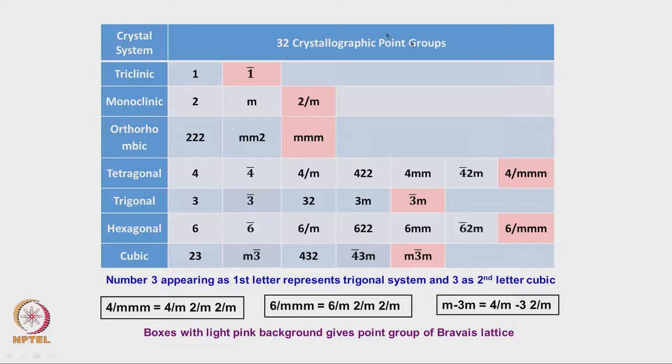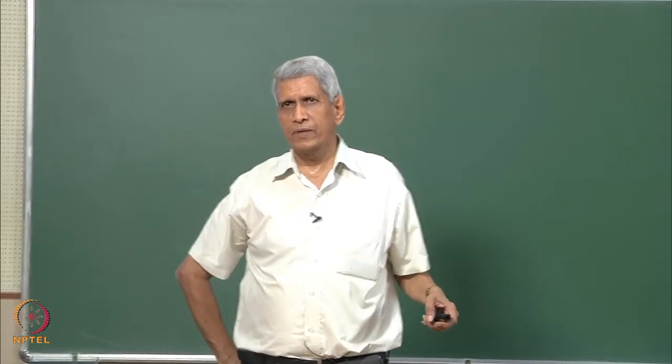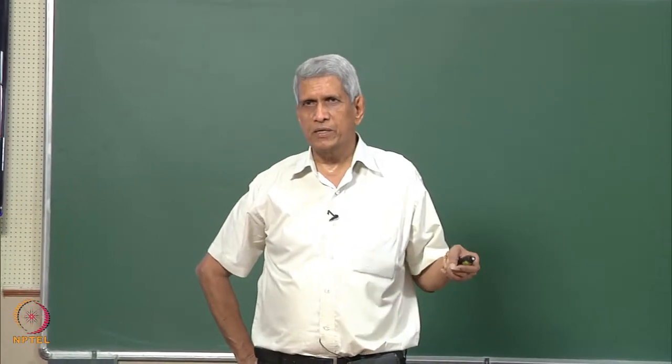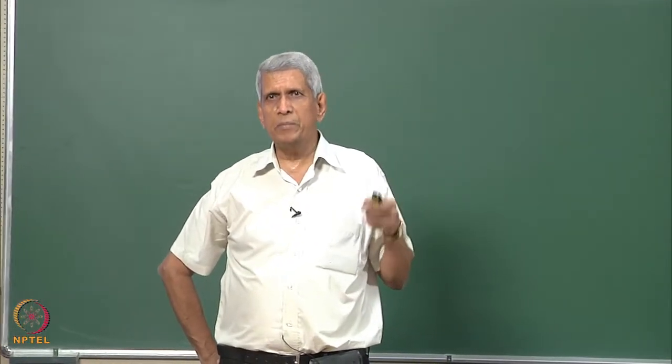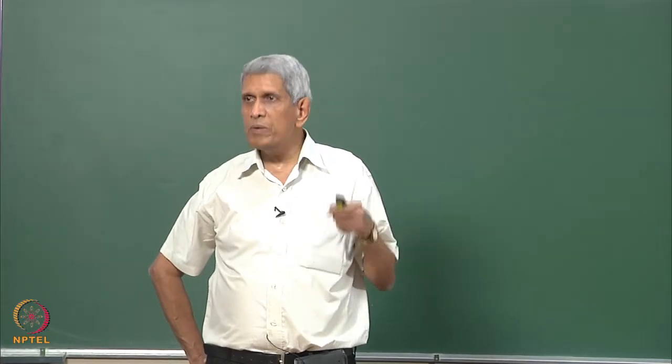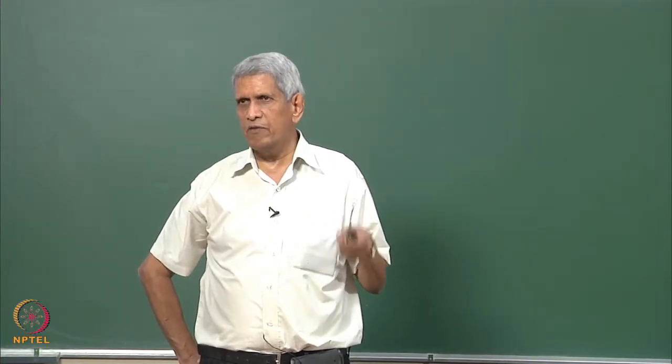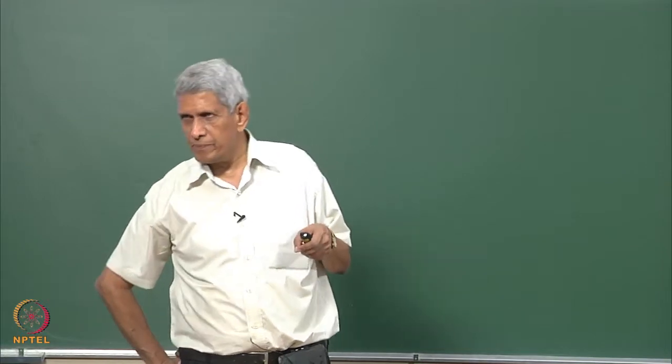In this table, all the 32 crystallographic point groups and their symmetry elements are represented in a tabular form. In the earlier class I mentioned that these crystal classes or crystal systems are determined on the basis of the minimum symmetry the crystal of a particular class exhibits, correct.